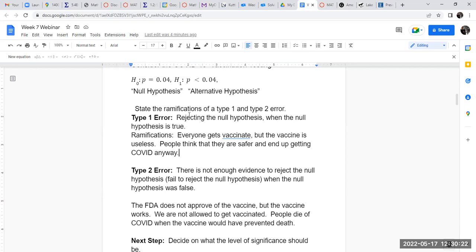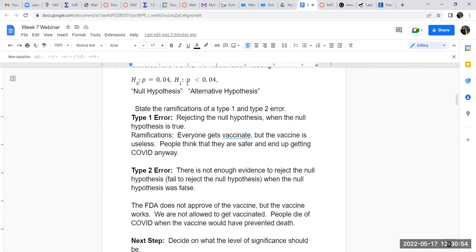So all you can say is a very fancy way of saying, I don't know. That's all this is. If you fail to reject, then you would say, we don't have enough evidence to state that the proportion of people who get vaccinated and end up with COVID is less than 4%. That's a very fancy way of saying, I really don't know anything about this vaccine.